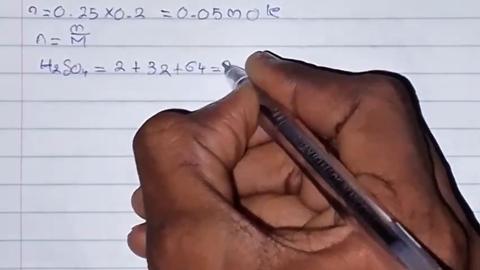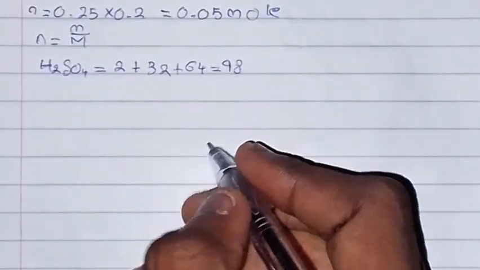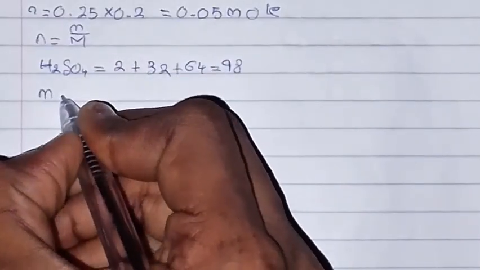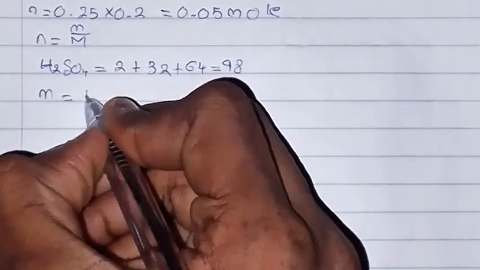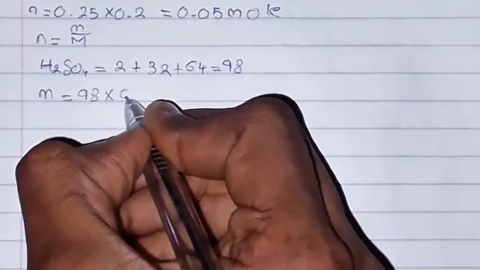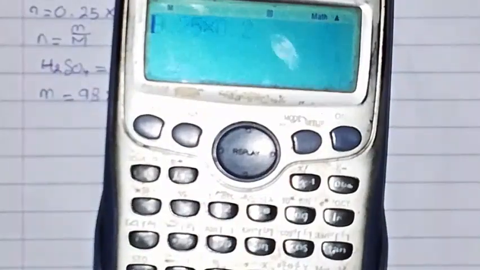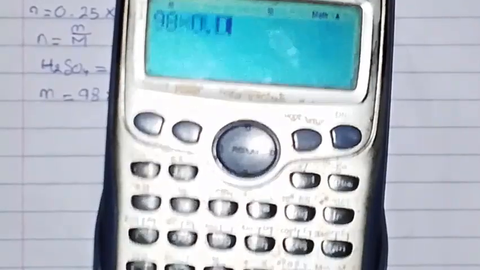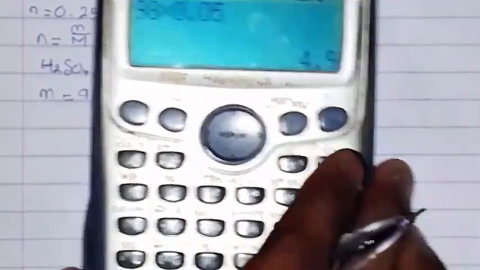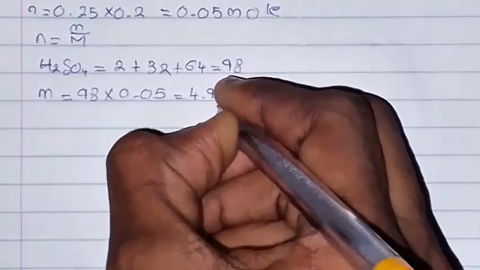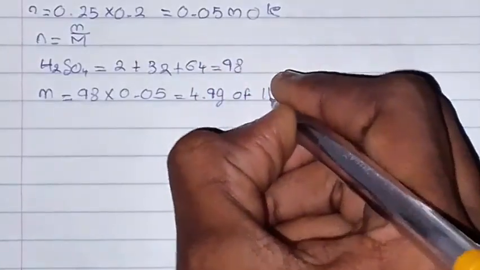Everything added gives us 98. So the mass of sulfuric acid is 98 times 0.05, which is 4.9 grams of H₂SO₄.